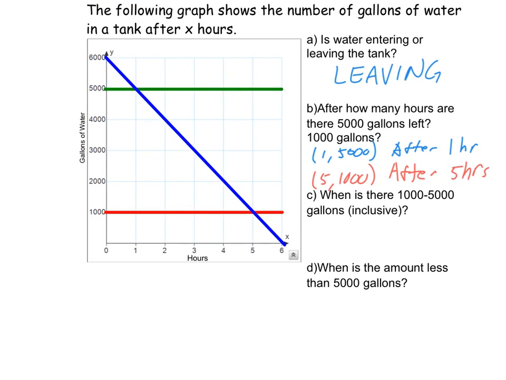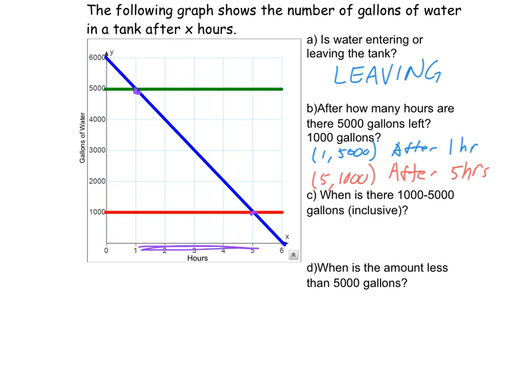So how does this fit into what we've been doing? So here's this idea of an interval. So when is there between 1,000 and 5,000 gallons? And this word inclusive. So basically what inclusive is telling us is that we want to include those points when it is exactly 1,000, when it is exactly 5,000. So we're going to include these points. So what's the interval that happened? What's the time that's happened? We're thinking just those x values.